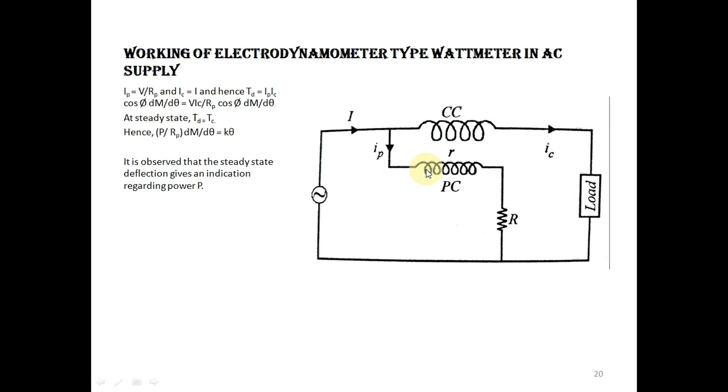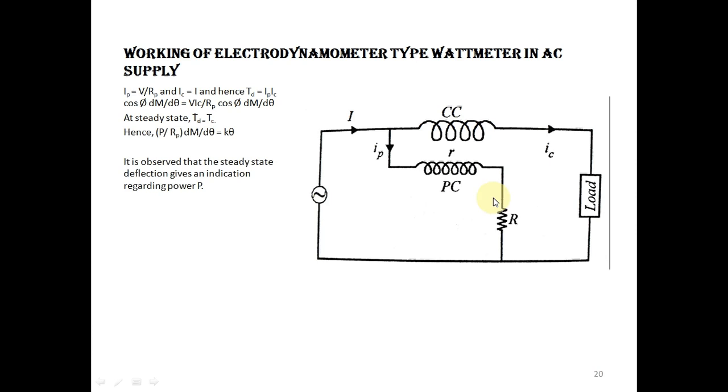Another thing, in the ideal case, the inductance due to the pressure coil should not be there. Actually, this is not an inductance, this is a coil, but due to the nature of the coil, inherent inductance is there in the circuit. But in the ideal case, self inductance should not be there. If self inductance is not there, then we can directly write IP equal to V by RP.